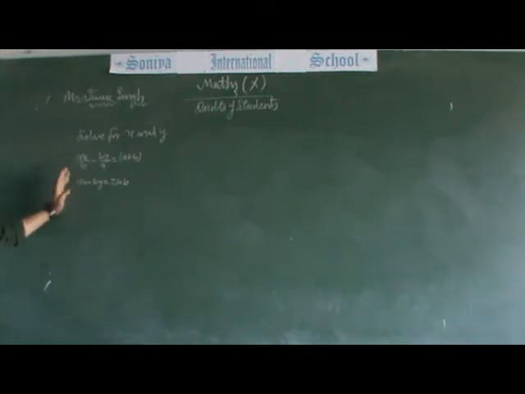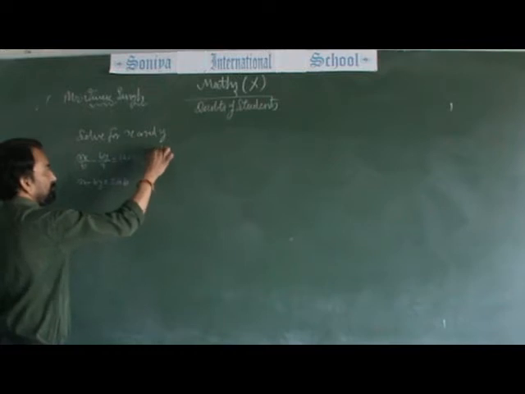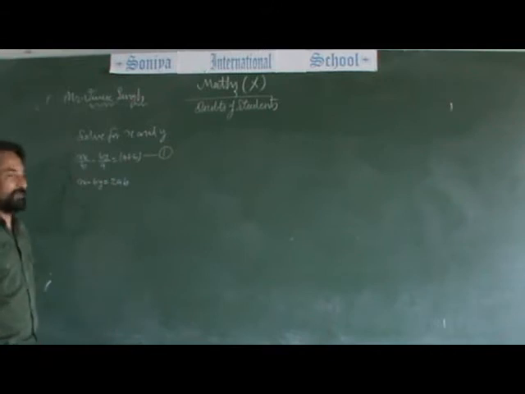Question is very simple. Just see the coefficient of y in equation number 1. The coefficient of y in equation 1 is b upon a, whereas the coefficient of y in equation 2 is b. So if we divide equation 2 by a, then we will again get b upon a. Do it.